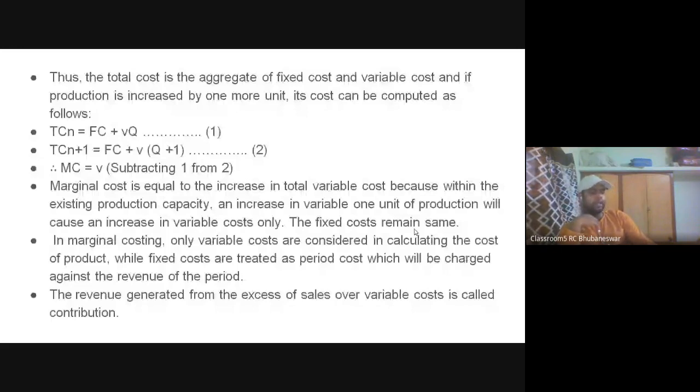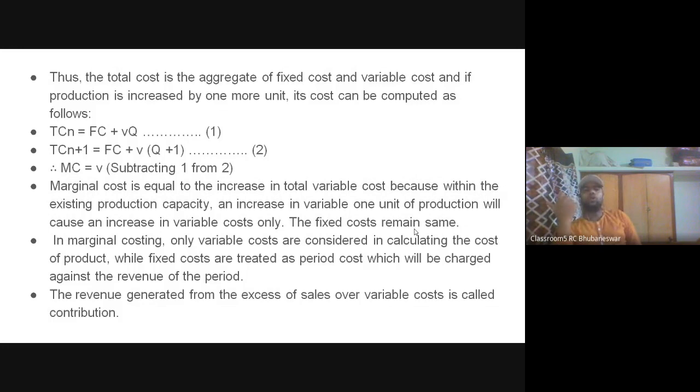So TCn means, before increasing the production by 1 unit, what is the cost? TCn is equal to fixed cost FC plus variable cost times quantity. That means if we were producing 100 units, then 100 multiplied by the variable part. Then TCn plus 1 means the previous level of production plus 1 extra unit.